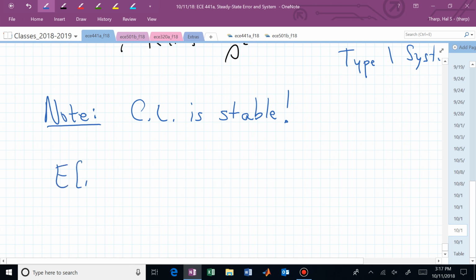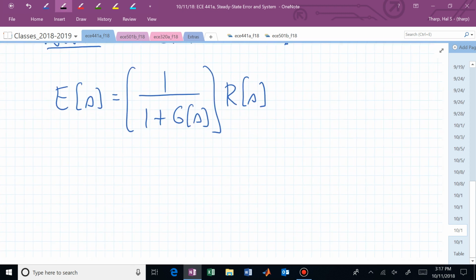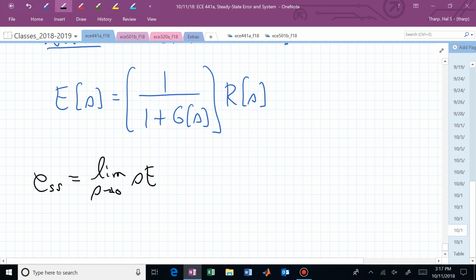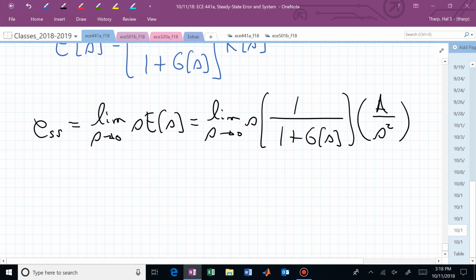But the error expression here is again 1 over 1 plus g of s times r of s. Using the final value theorem, we now have the limit as s goes to 0 of s times 1 over 1 plus g of s, and our input Laplace transform is a over s squared.